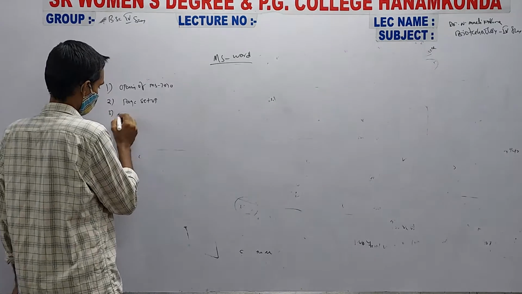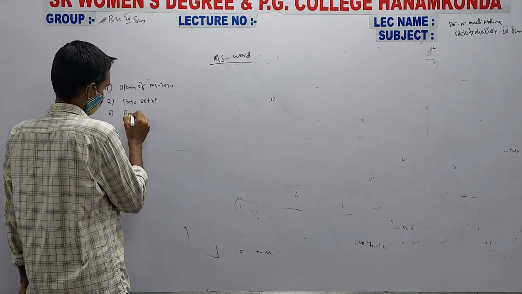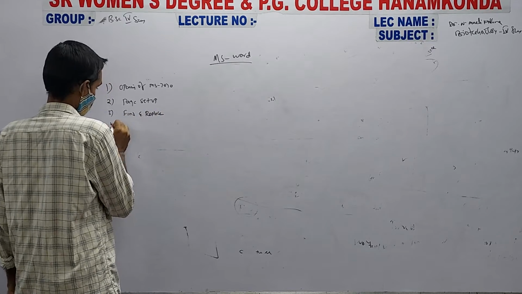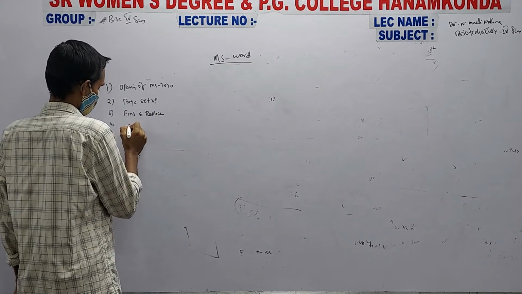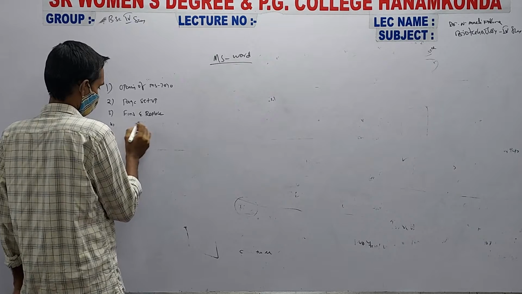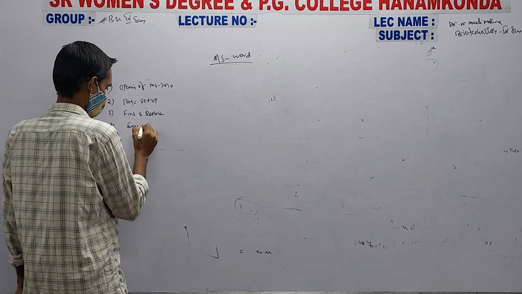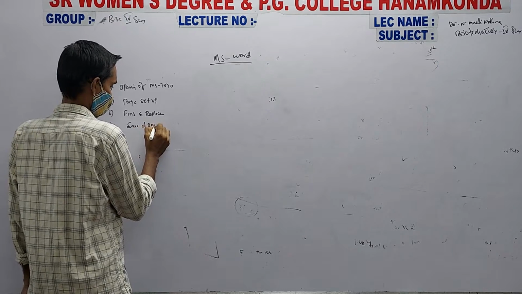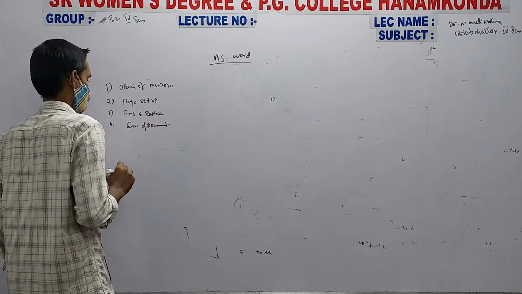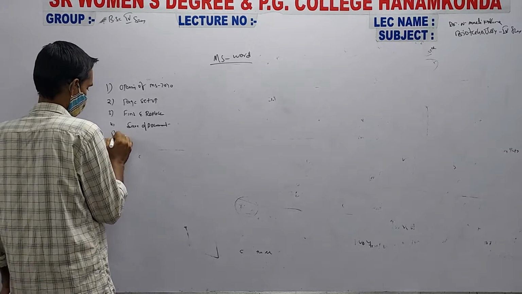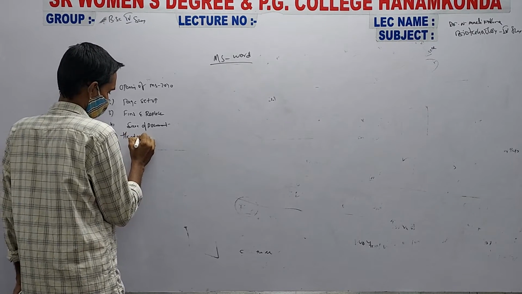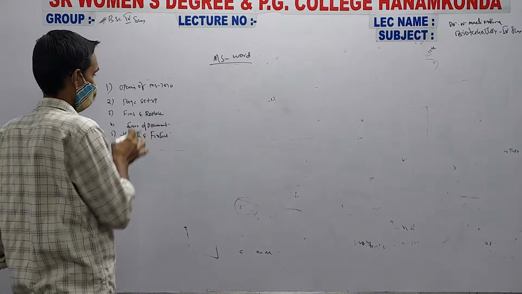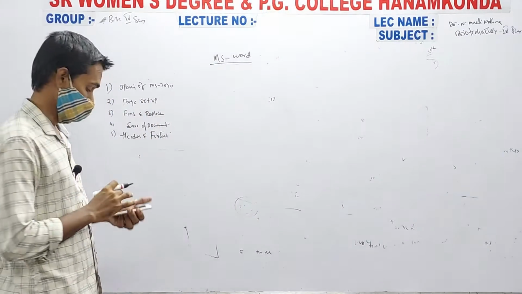Third one is find and replace. We have also seen the save option, saving the document. Next we have seen headers and footers. So these are the different options we have seen in the previous class.